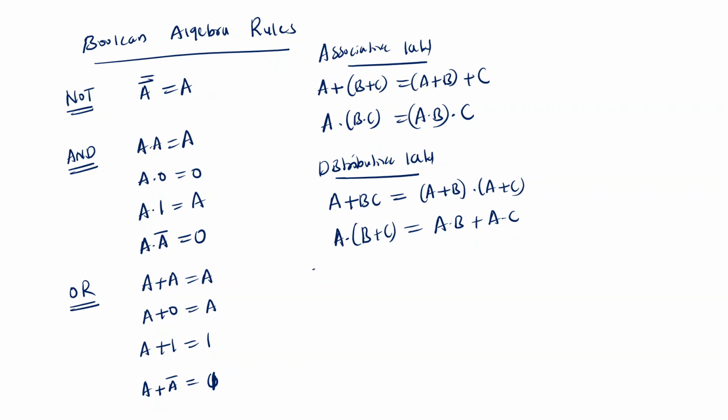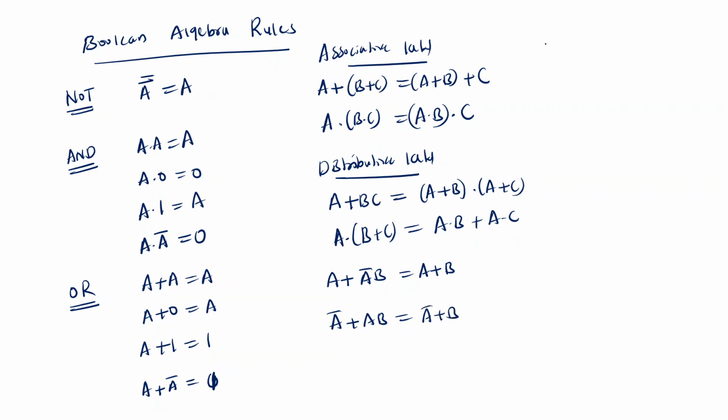From the distributive law you will get the absorption law. A bar B equals A OR B, so the complement is redundant. A bar OR A B equals A bar OR B.